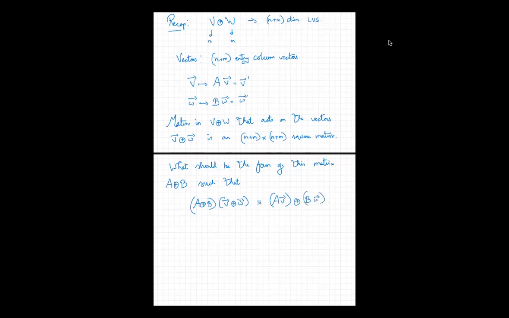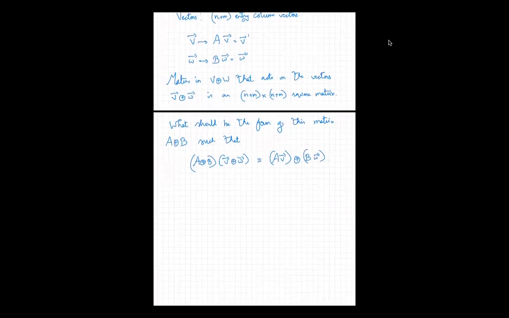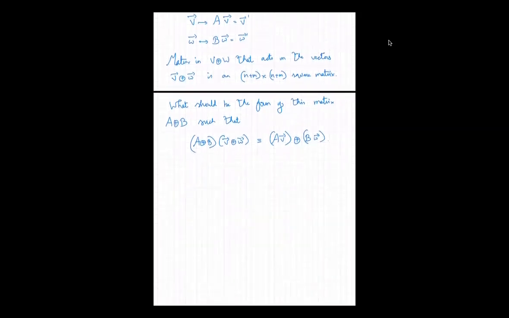Even in this direct sum space, the matrix A only acts on the V components of the direct sum, and the matrix B only acts on the W components of the direct sum. And we found out that the matrix that satisfies this property is necessarily of a block diagonal form.